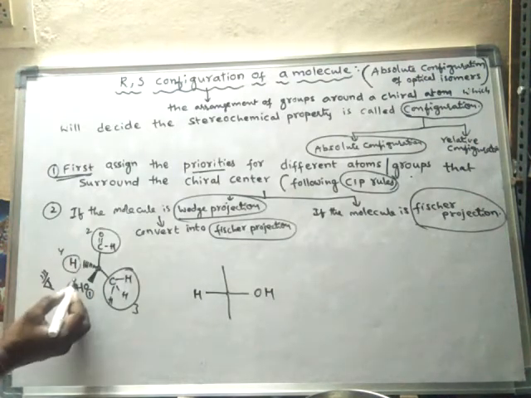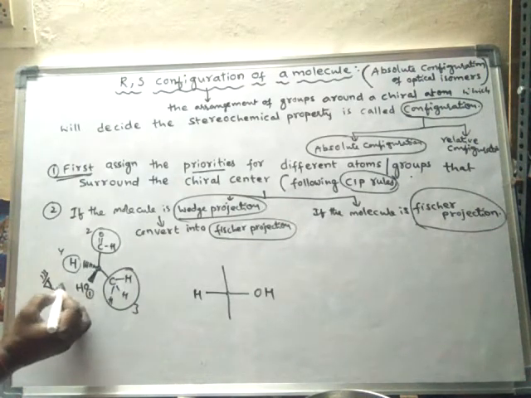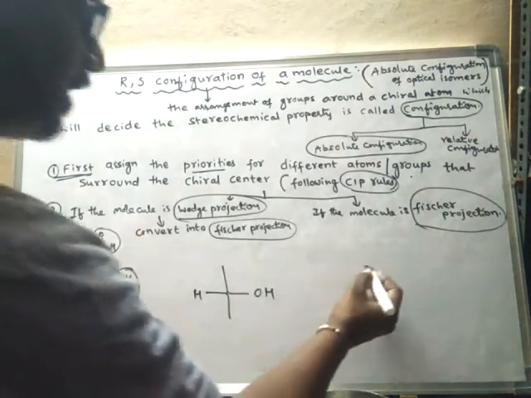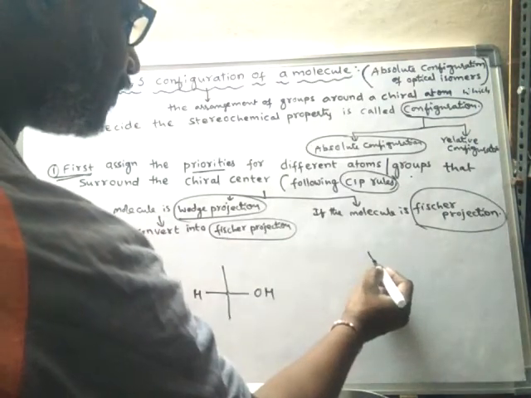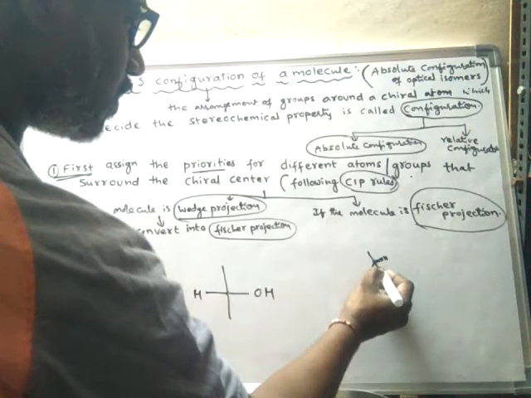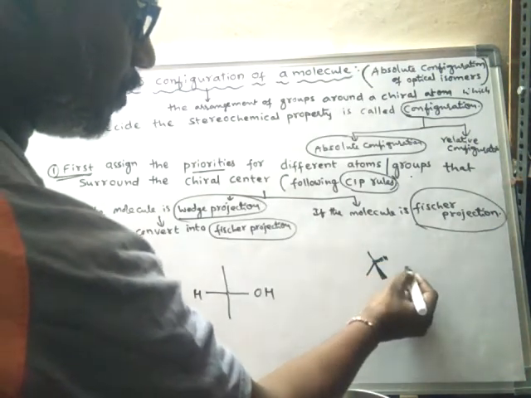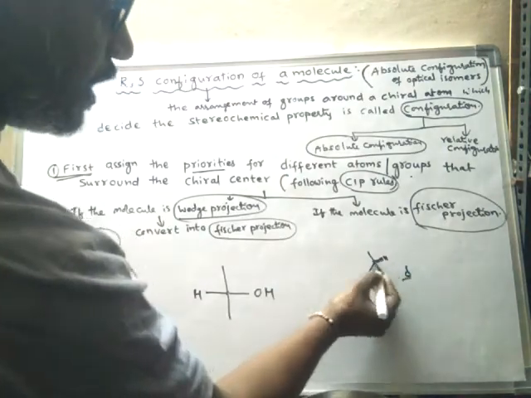So that means in this direction, here it is depression. Towards the depression we have to look. Suppose it is like this, for example; we have to view this molecule from this direction.